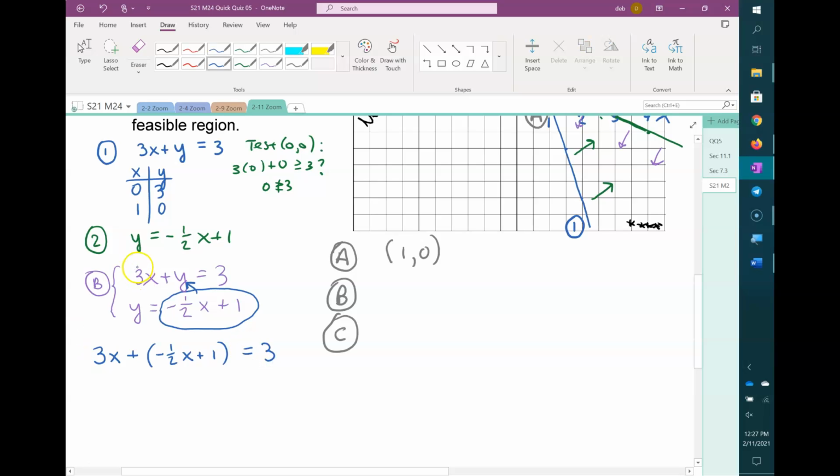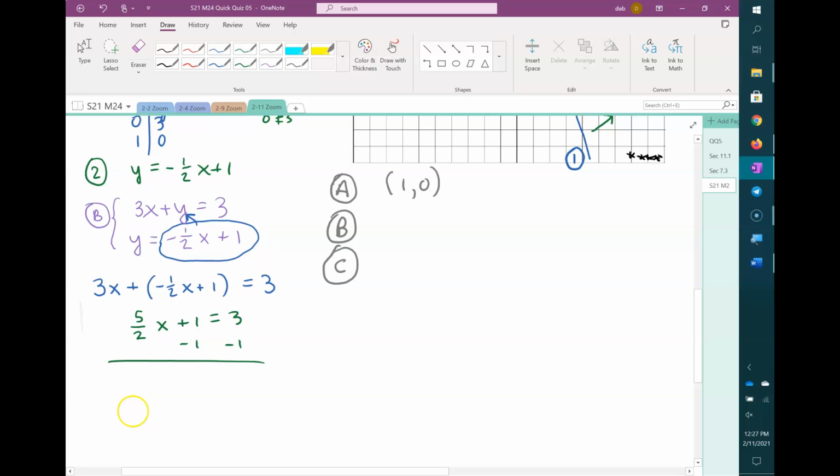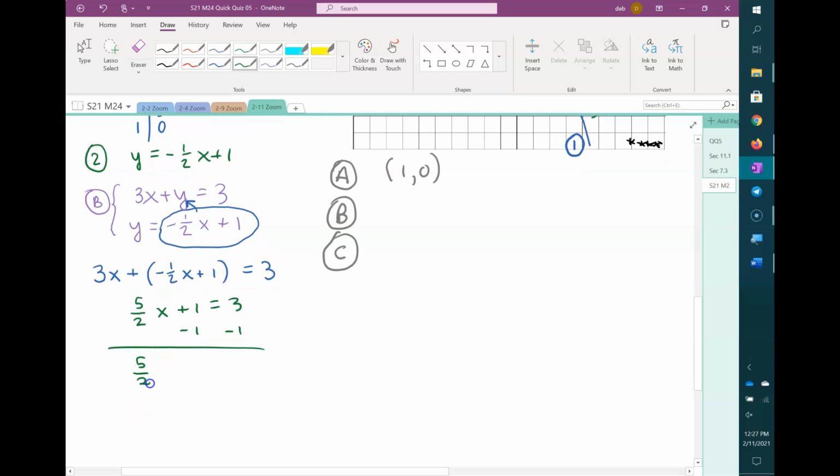So 3x minus 1/2 x is 5/2 x, plus 1 equals 3. Solving for x, 5/2 x equals 2, and we multiply both sides by 2/5 to get x by itself, and x is 4/5.